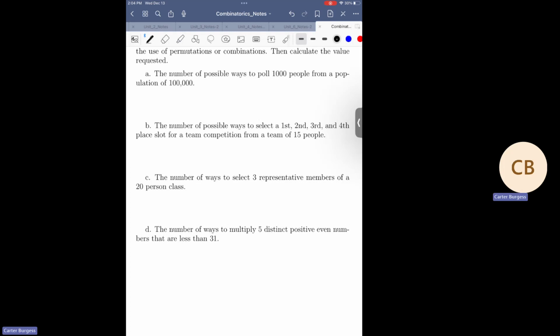For 2A, we are going to focus on the part that asks us to number all of the possible ways that we can poll 1,000 people from a population of 100,000. Okay.